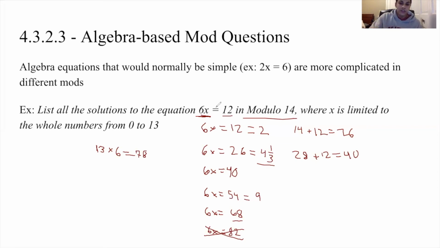And then you just have to remember that the highest number you have to go up to when you're writing these equations is the highest possible number that x could evaluate from. The highest possible value of x is 13, so we know that the highest possible resulting value from this side of the equation is 78. Therefore, you don't have to write any equations where the result is greater than 78 in this case.